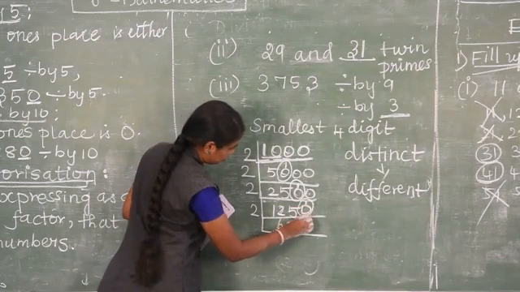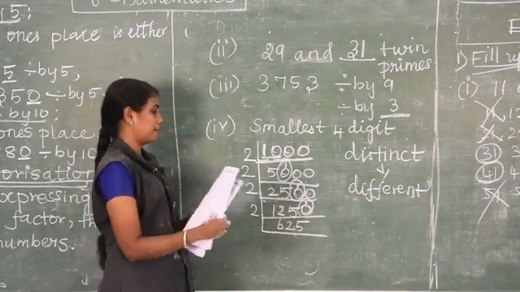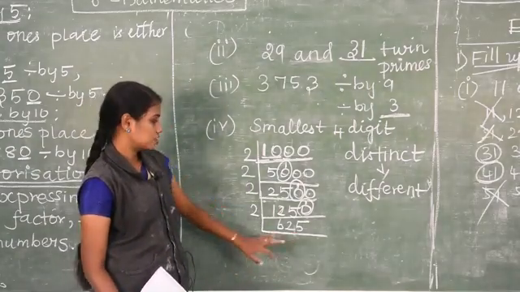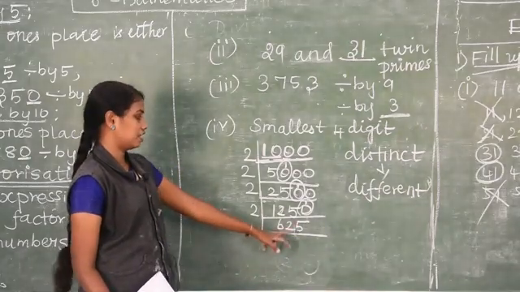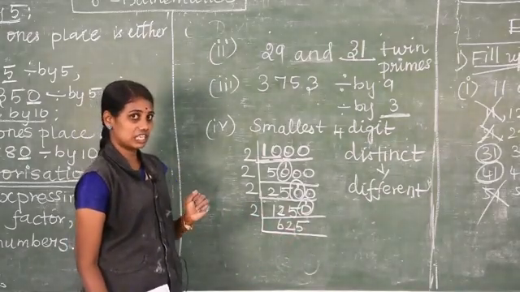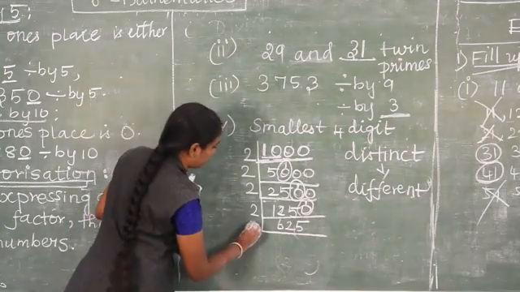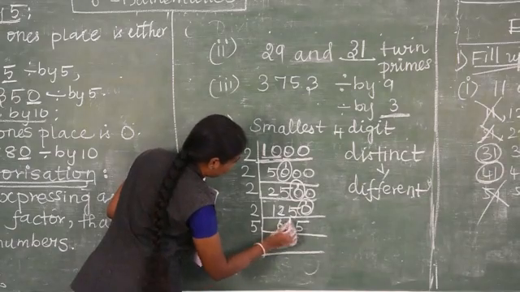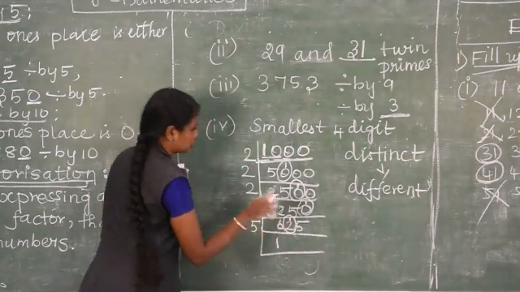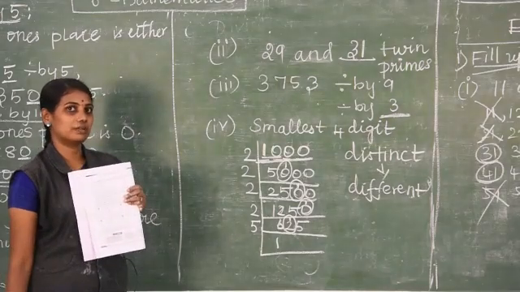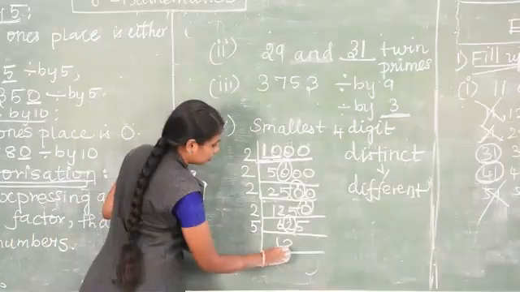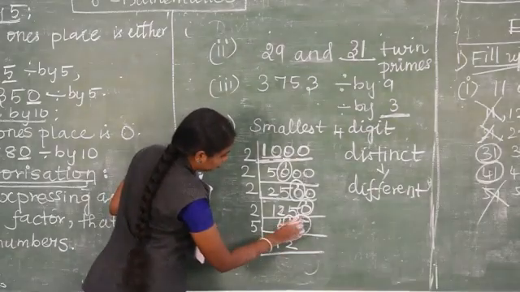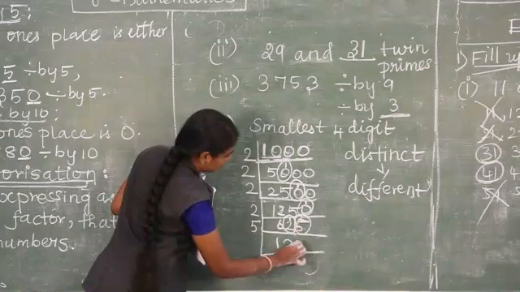Remainder 1, 5. Okay, now the number ends with 5, so it will not come in the 2 table. Number ends with 5 means which table is easy? 5 table. So 5, 5 ones are 5, remainder 1 carried over to the next digit, it is 12. 12, how many times will it come in the 5 table? 2 times, the remainder 2 carried over to the next digit, became 25. 25 is 5 times.